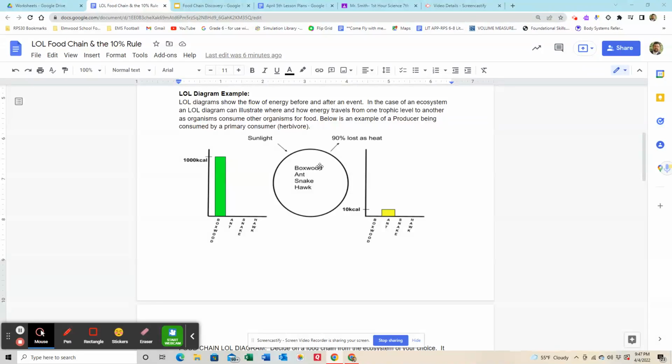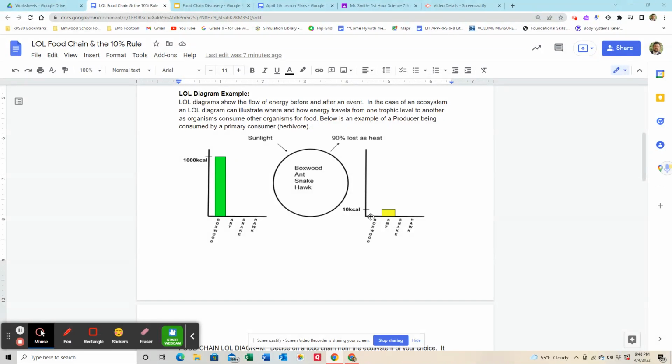So every organism in my food chain is listed inside the circle, saying that's my system. Sunlight is what puts energy into my system, and each time there's a consumer, 90% of the energy is lost as heat ultimately from all those things it takes for organisms to live, like to grow, to reproduce, to make energy, to breathe, all of those things.